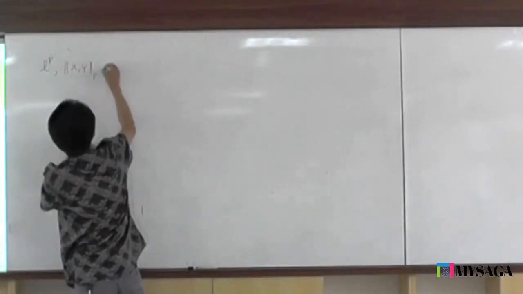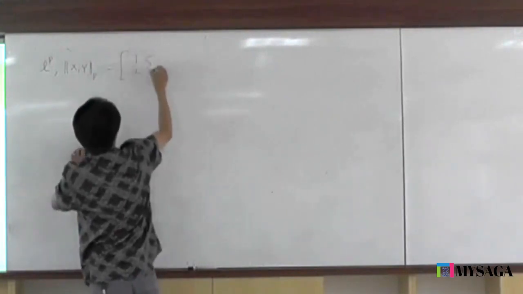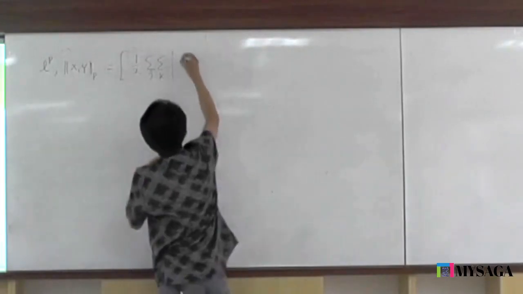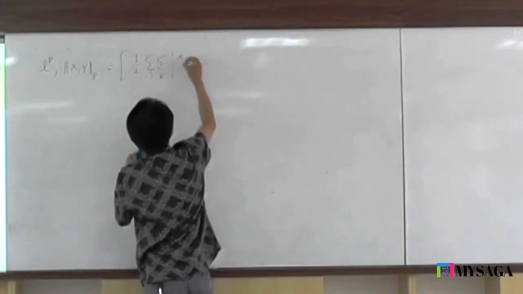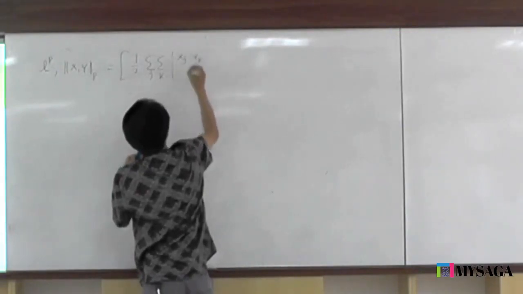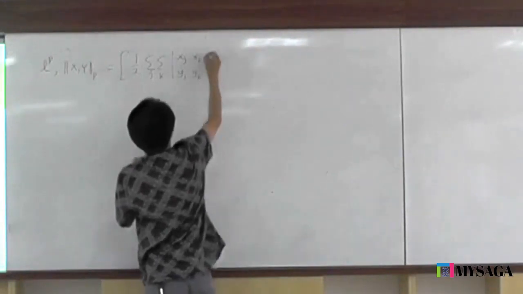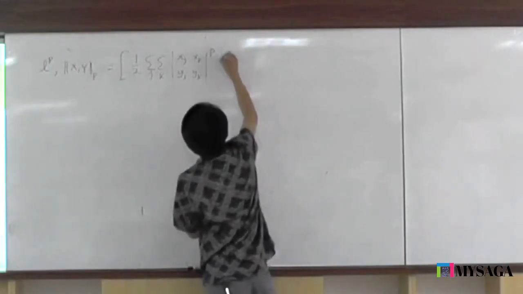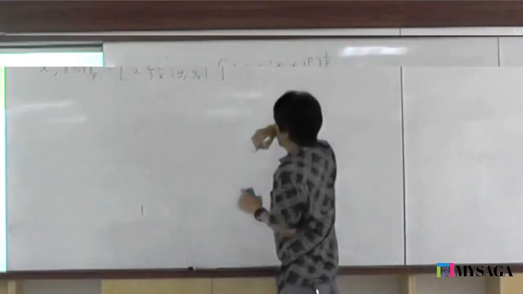You must still remember the formula: x_j, x_k, y_j, y_k taken to the power p, and then you raise it again to the power of 1 over p.